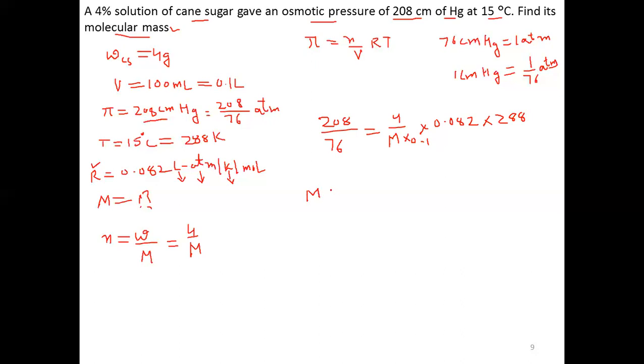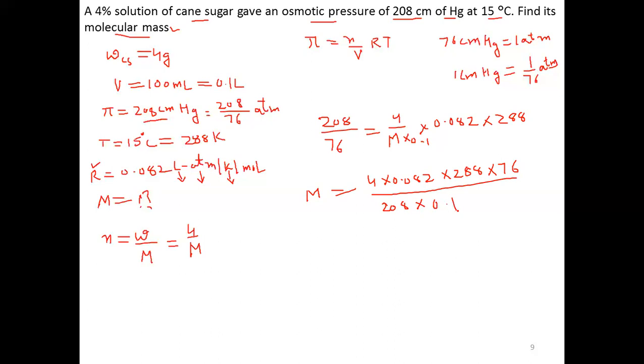So m comes out to be, we can take m here, 4 into 0.082 into 288 into 76 divided by 208 into 0.1.